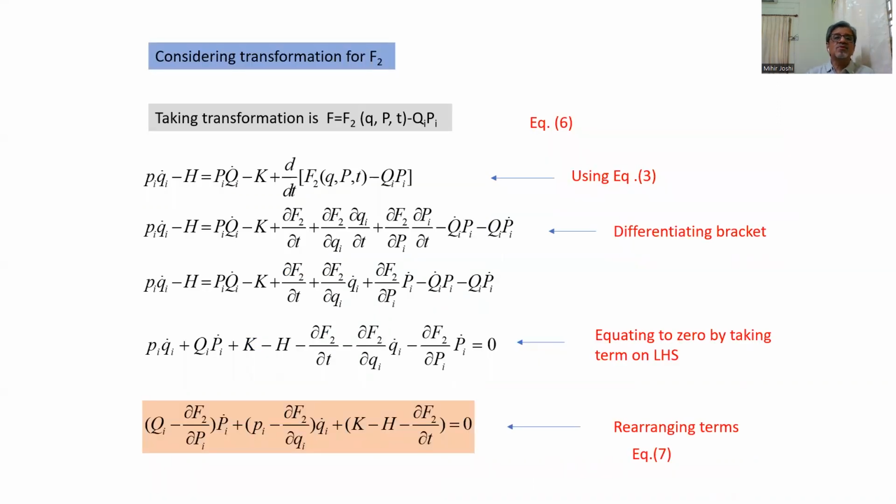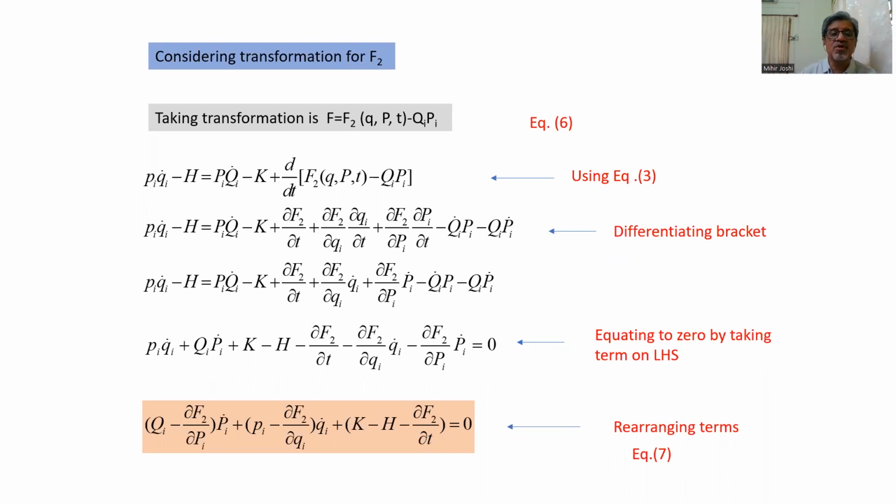Now coming to generating function of type 2, meaning f2 type. So taking a transformation something like f equal to f2 of q, capital P, t minus capital Qi capital Pi.